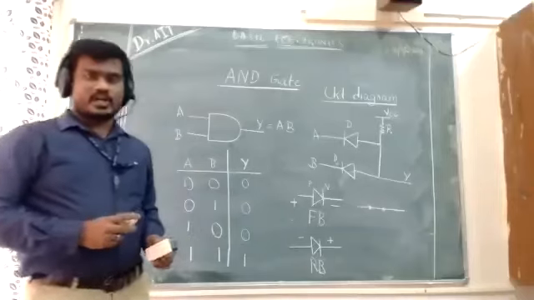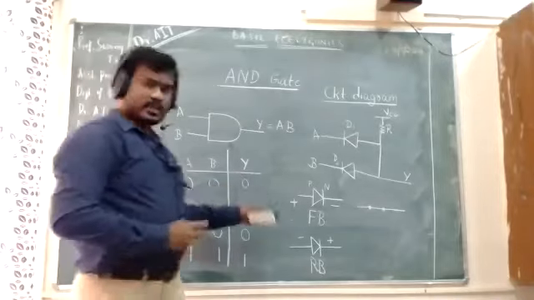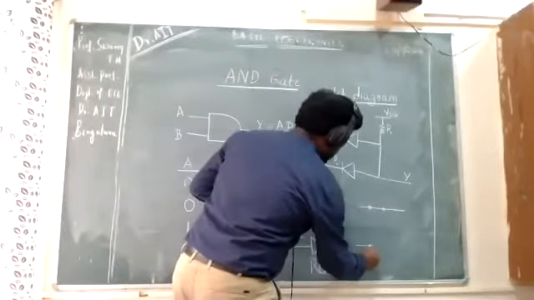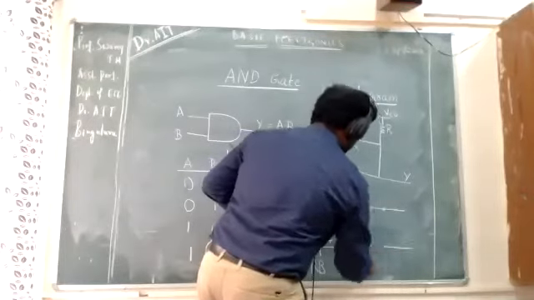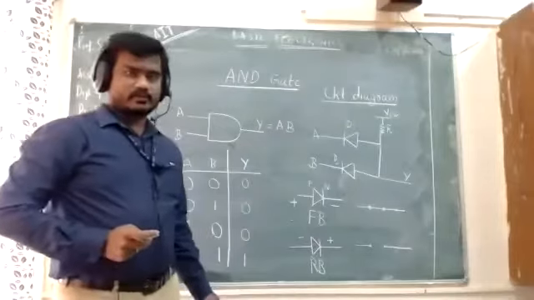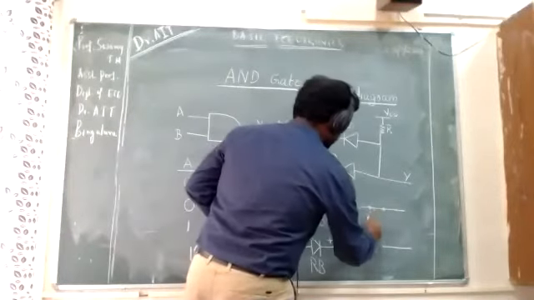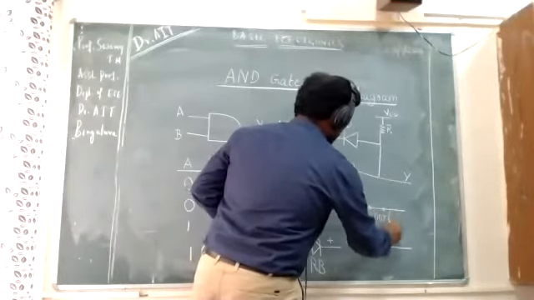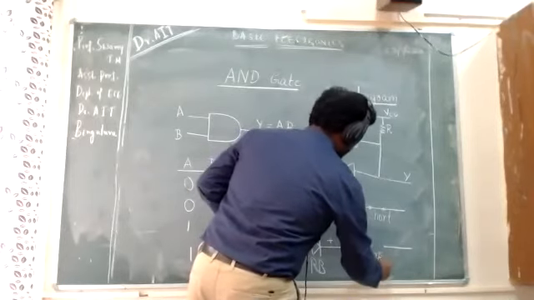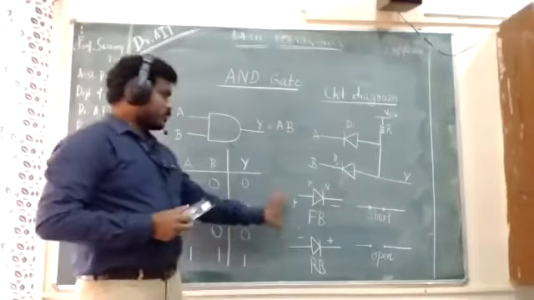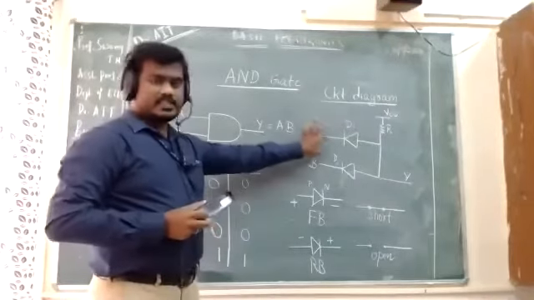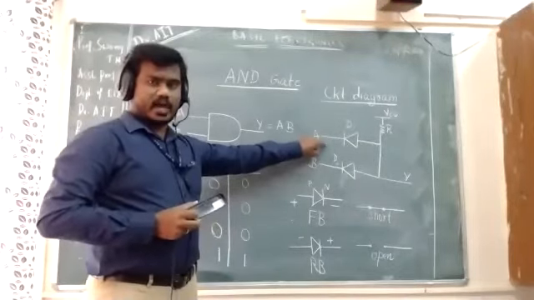In reverse bias condition, the diode will not conduct, and we represent the diode by an open circuit. This is called the short circuit, and this is called the open circuit. Keeping these two things in mind, we will analyze this AND gate circuit diagram.